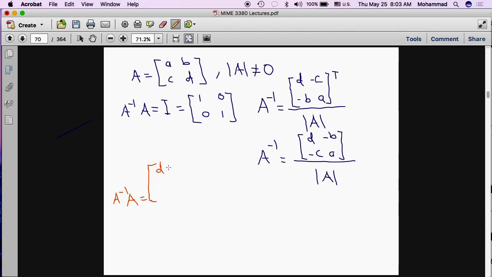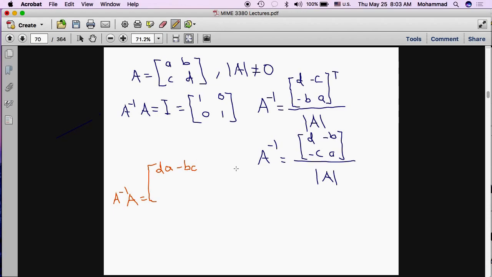D will be multiplied by A, minus B times what? C. So row 1 of the first matrix gets multiplied by column 1 of the second matrix, so it gets multiplied by C, which is this element.